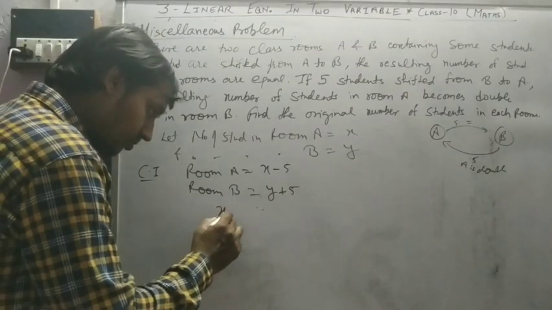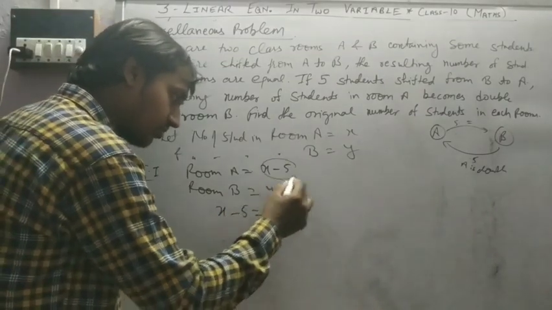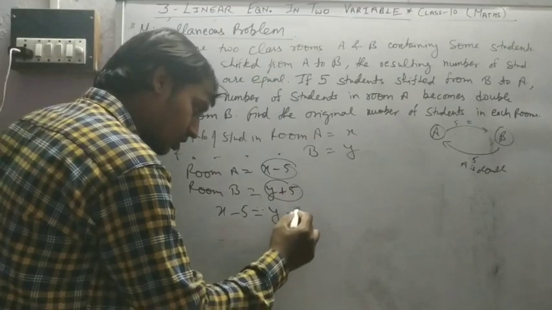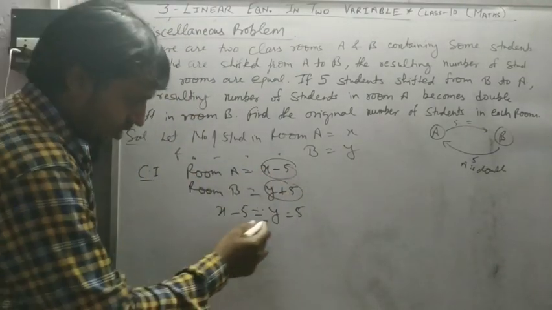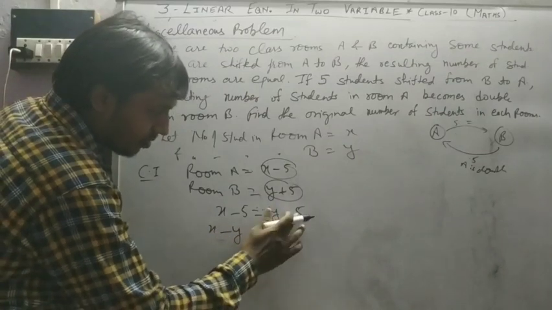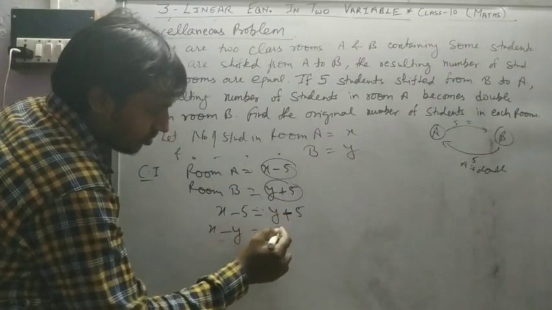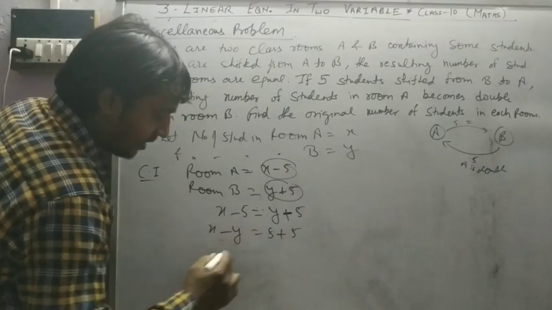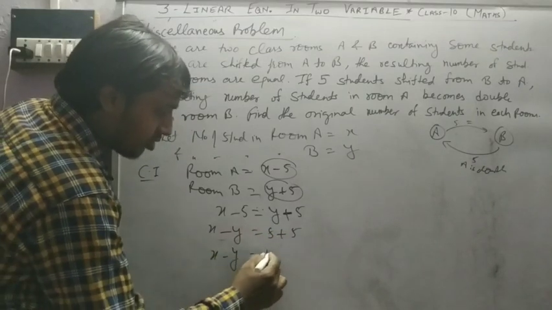Then the resulting students are equal. So x minus 5 equals y plus 5, that is x minus y is equal to 10.